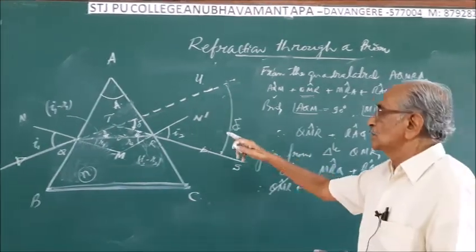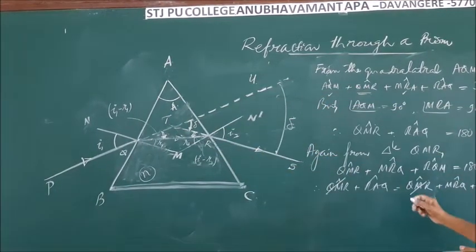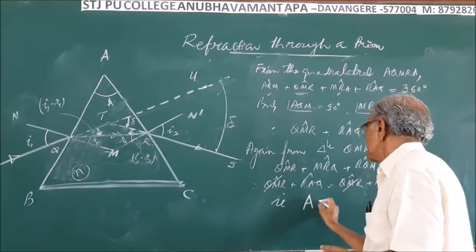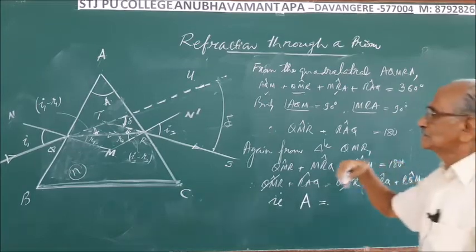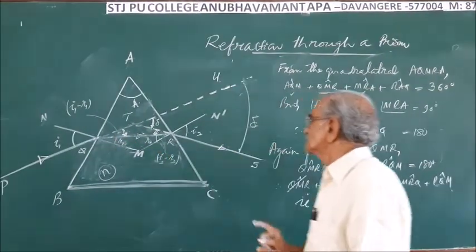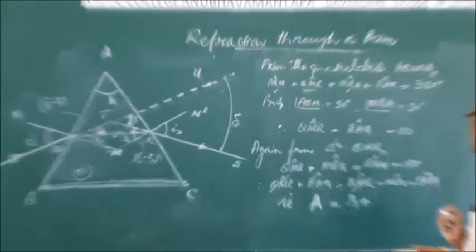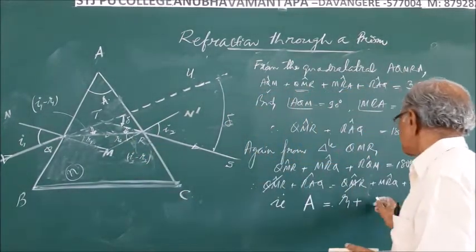Now RAQ, that is the angle of the prism, is A. Now angle RQM is r1 plus MRQ is r2.